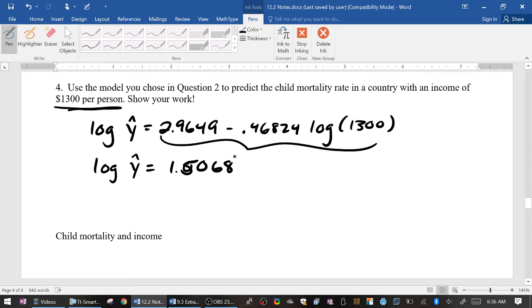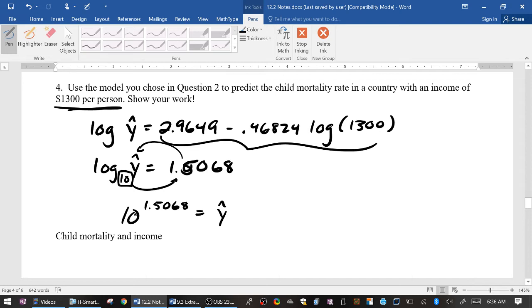And now we have to remember we have to solve for y. I don't want to have log in there. Log without a base is technically a base of 10. To get rid of a log, we have to transform it to exponential. We start with our base, which is 10, go around to the exponent, which is 1.5068, and then set that equal to our argument, which is y hat.